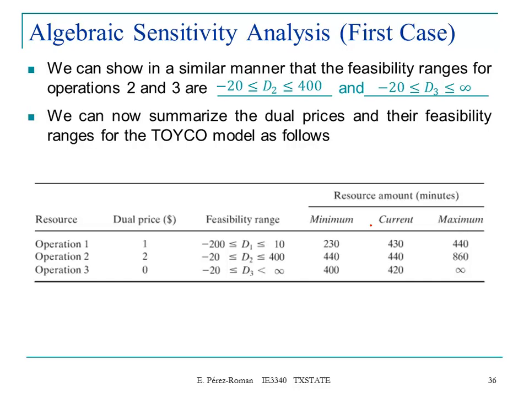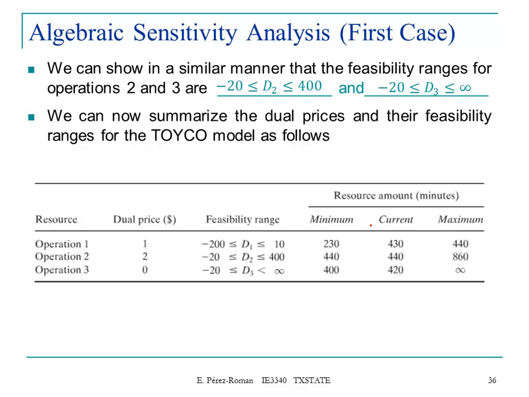So if you go back here, in terms of resource amount, your current values are here. You have 430 minutes, 440 minutes, and 420. If you increase this capacity by 10, that means that your maximum is going to be 440. If you increase this one by 400, your maximum is going to be 400.